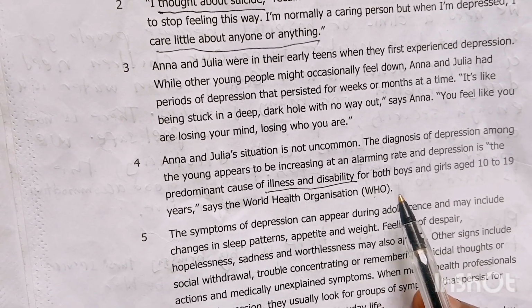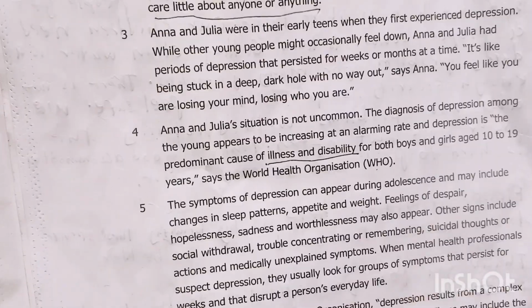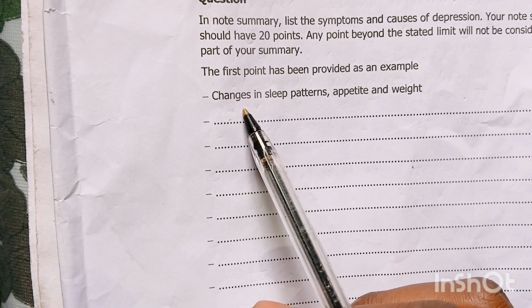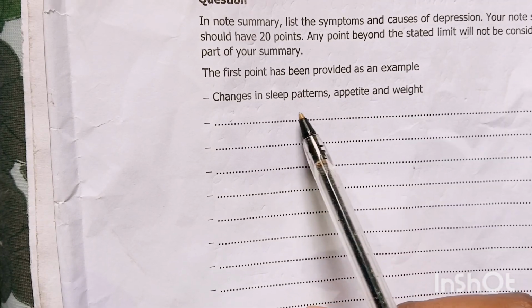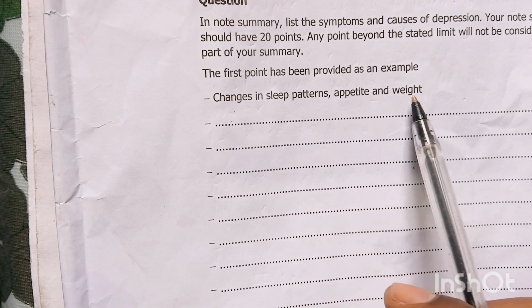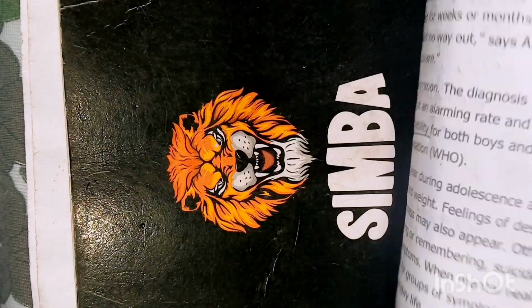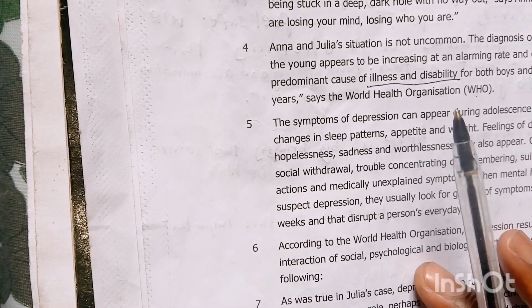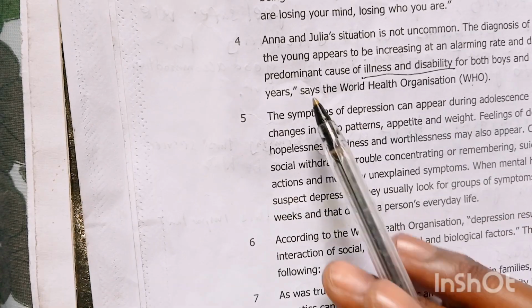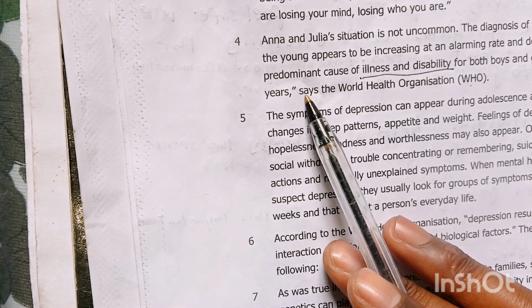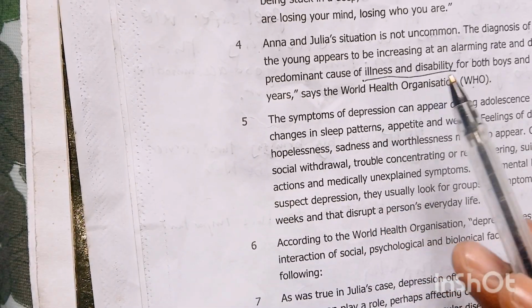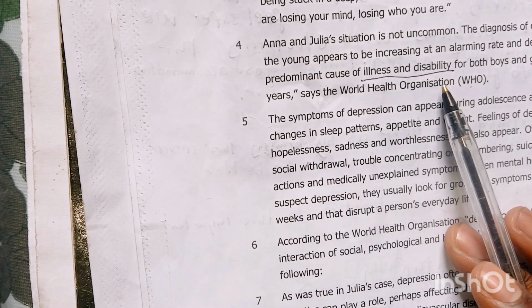So now, when you look at the question very well, they gave you this point. The first point that they gave you is changes in sleep patterns, appetite, and weight. So that's where they started. When you go on to paragraph 5, you are going to see that paragraph 4 was ending with says the World Health Organization, WHO in abbreviation.